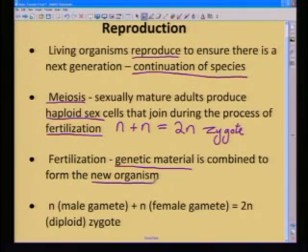All right, so we are combinations, and that ensures genetic variation. Very important. You must know that. So the genetic material is combined to form a new organism. Now, the male gamete is haploid, as I've done there, and the female gamete is haploid, and it forms a diploid zygote.